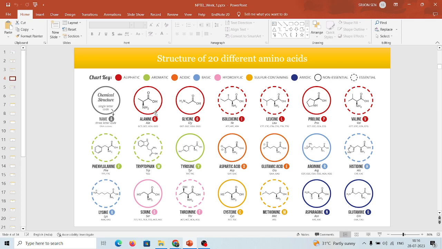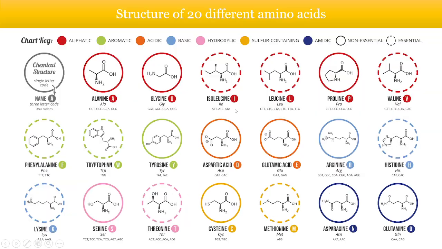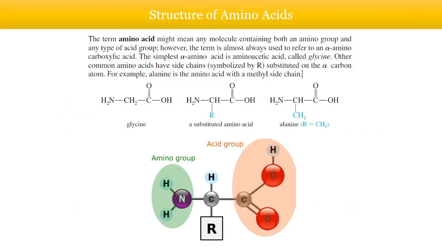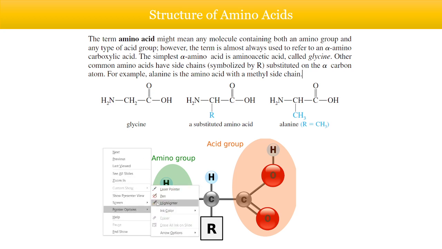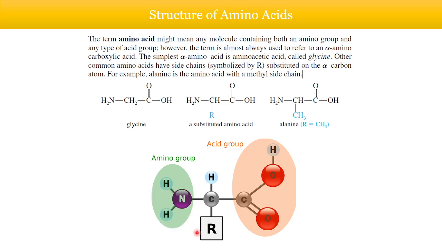Okay, so if we see that for alanine, it has an aliphatic side chain and it contains a CH3 in its R position, as I've shown previously that this is the basic structure of an amino acid, and the variable portion is the R group.